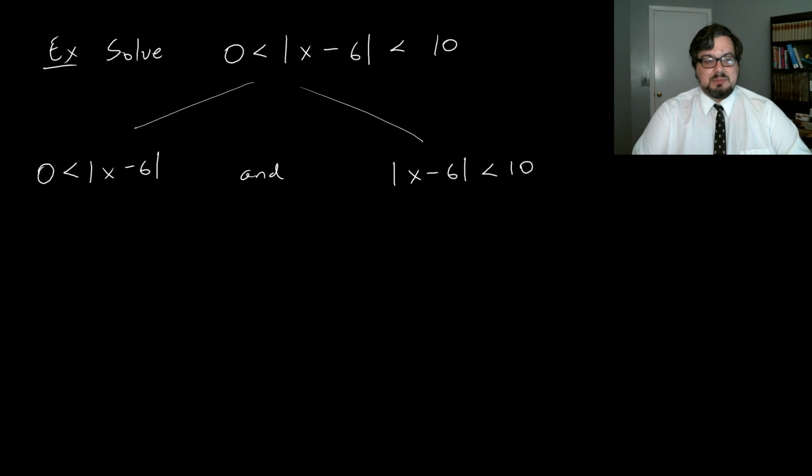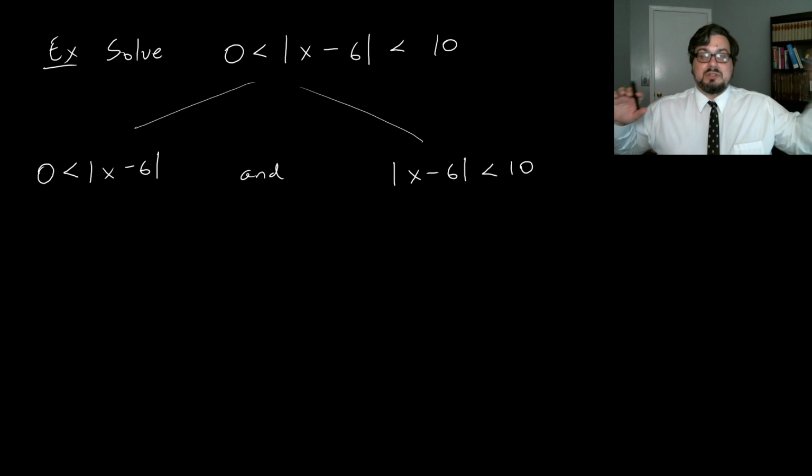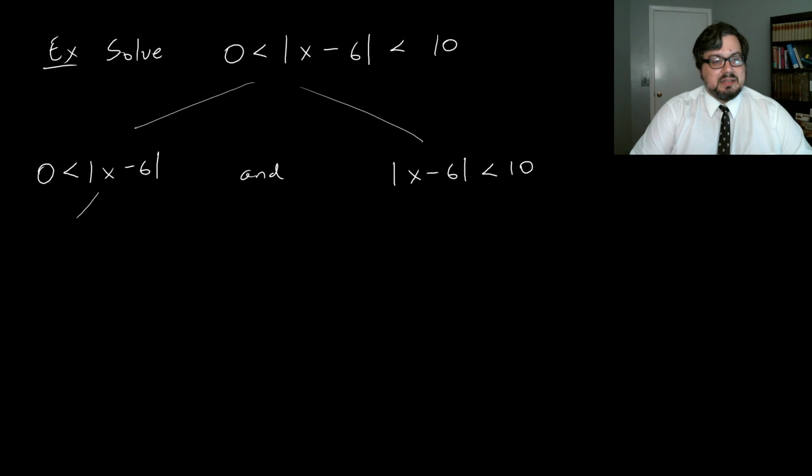Here we've got the absolute value of x minus 6 is greater than 0. Now here we've written it a little bit in the other direction than we were before, but remember that to say that the absolute value of something is greater than a number means that it has to be away from that number, either to the right or to the left, which means that this is going to turn into an OR statement, and we're going to get that 0 is less than x minus 6, or, and now we keep x minus 6 the same, we change the direction of the inequality, so the less than becomes a greater than, and we multiply the left-hand side by -1.